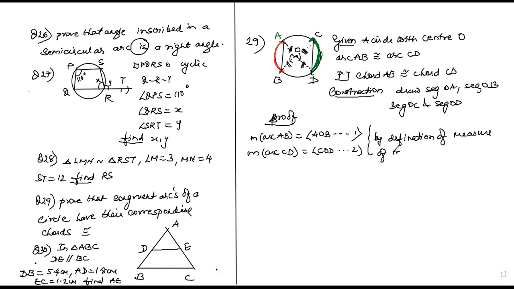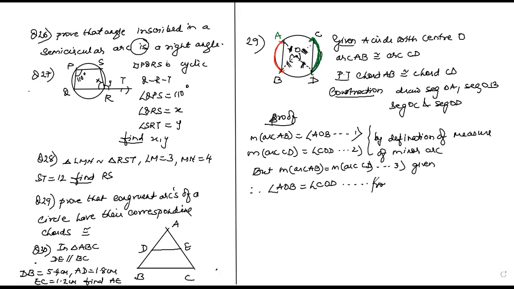But measure arc AB is equal to measure arc CD, statement number 3, given. Therefore, angle AOB equal angle COD from 1, 2, and 3.